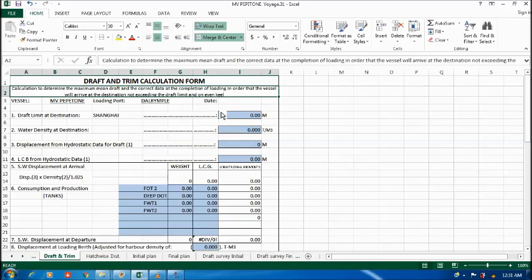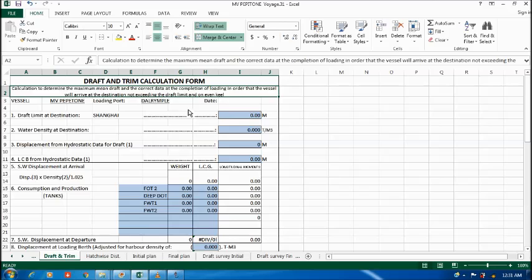Since the vessel will depart with adequate trim and will arrive at its destination on even keel, because it will consume the bunker, diesel oil, and fresh water, and arrive within the draft limit, this is much more complicated than the normal calculation we use according to the load line.